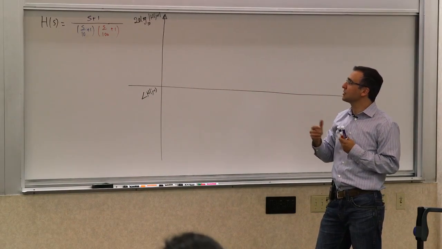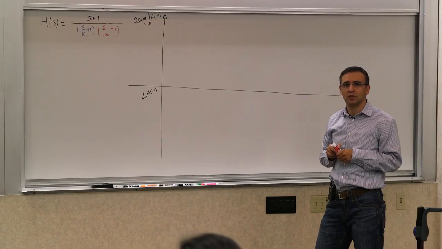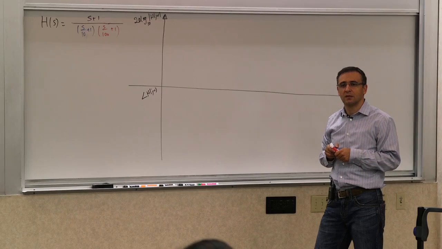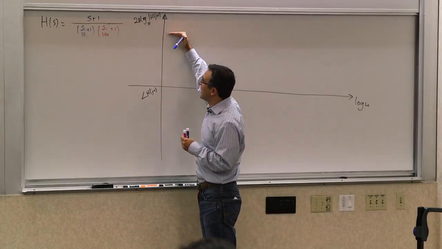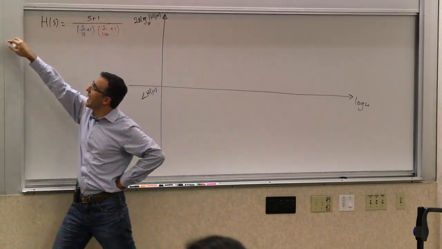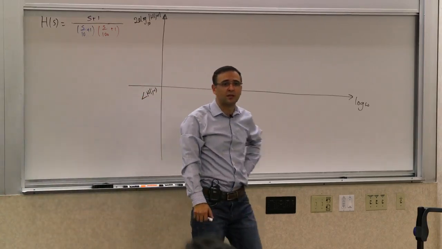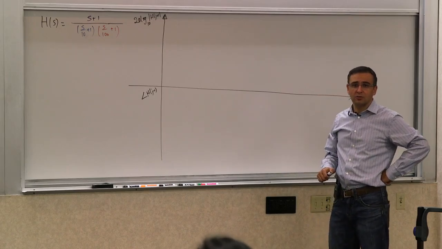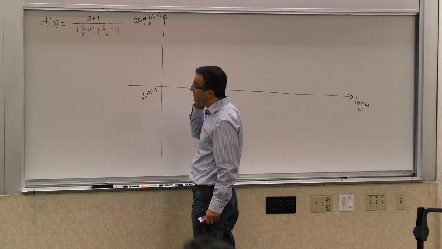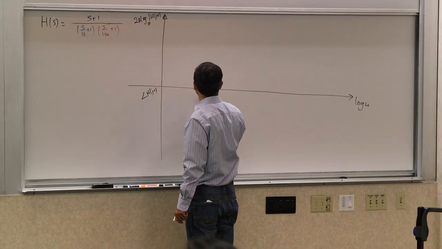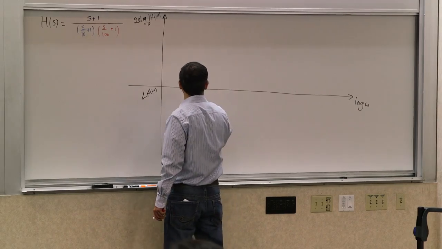So what are the asymptotes associated with S plus 1? So at very low frequency, we've done this, right? This is case number 2, the one with the zero. So what are the two asymptotes? So let's say this is omega equals 1, log of 1, really.